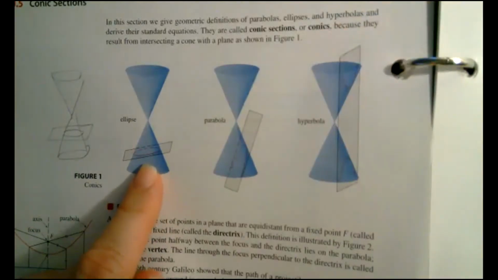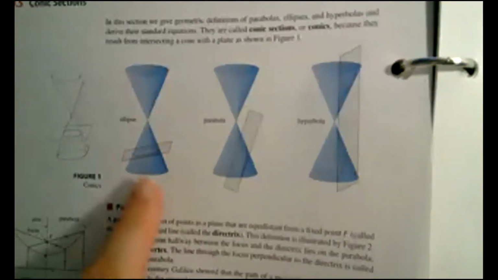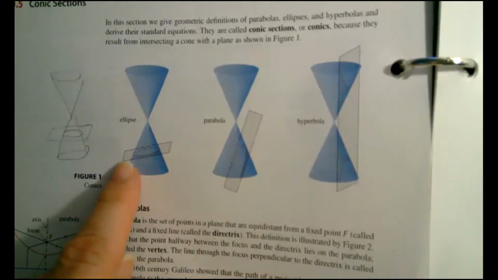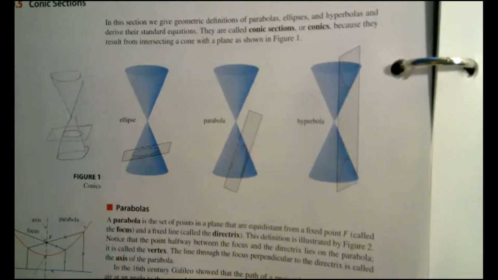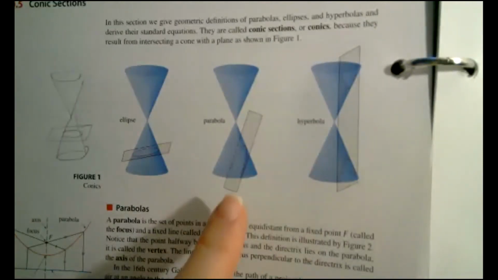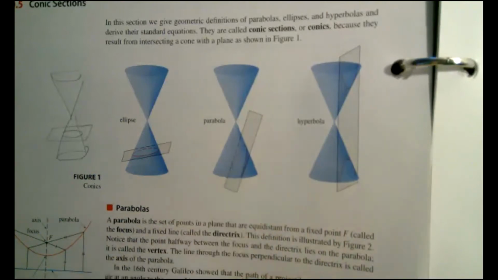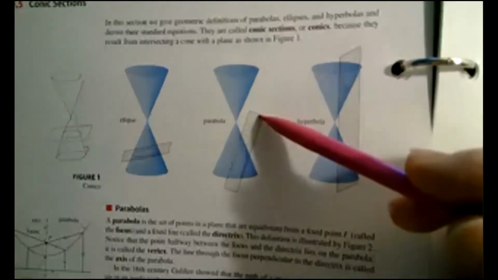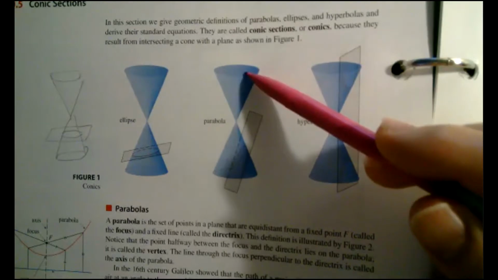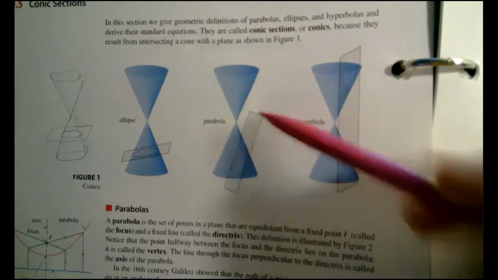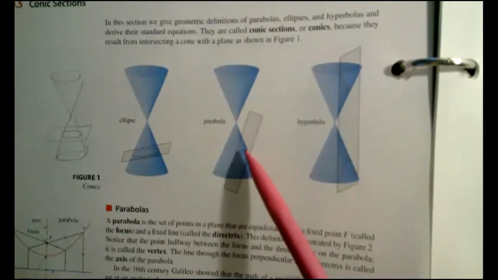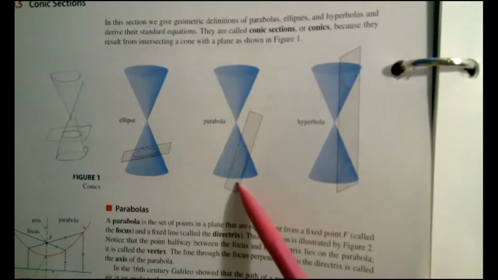This is going to give me an ellipse. So if I cut the cone by a tilted plane, I get an ellipse. Now, again, if I take a cone and I cut it with a plane that does not touch the upper side, so again, another tilted plane, I would get a parabola.